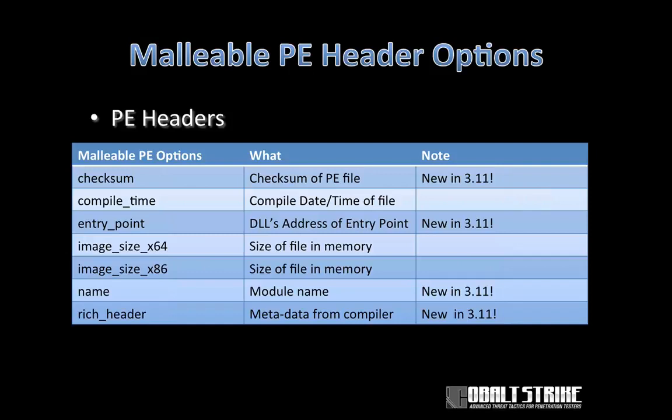The rich header happens to be metadata inserted by a Microsoft compiling toolchain. That metadata states which programs were used to build the executable, how many files they operated on, and which versions of those files were used. That's about it.